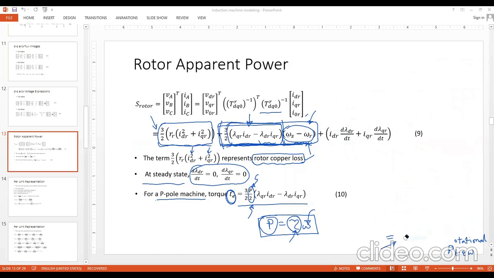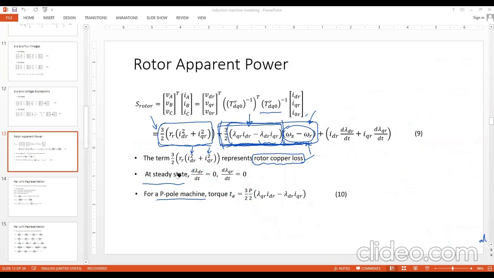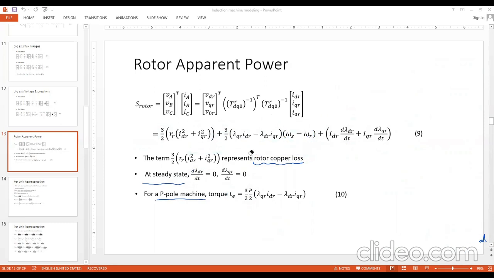So once this is done, we have seen that there is some copper loss from the electrical input. We have to deal with some copper losses. There is some component which is available only in the dynamic state, and there is some useful torque. The power out of this torque is only present whenever you have this speed deviation omega s minus omega r.